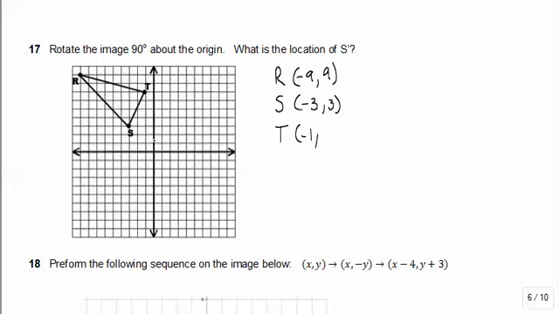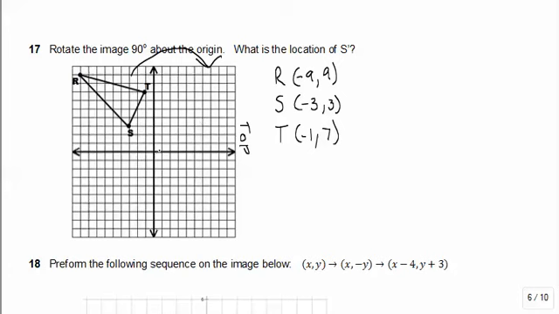Negative 1, 7. So 90 degrees about the origin. It doesn't say which direction, but usually that means clockwise, so it should end up here. So you need to turn your paper, take your top and put it to the left, so that this is actually the top. And if you do that, you can plot your new points.